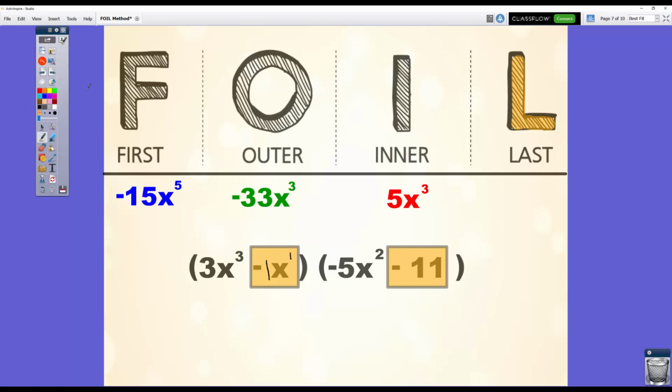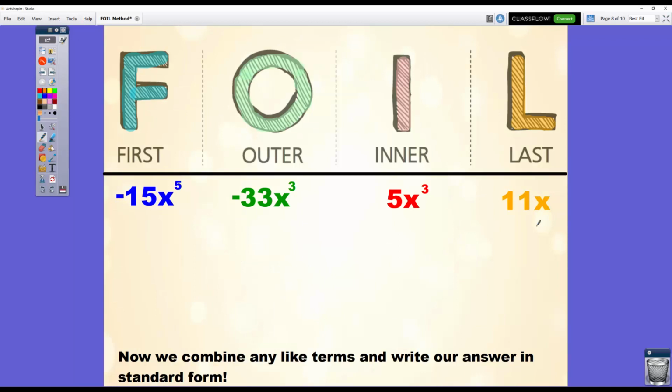Negative 1 times negative 11, stay color-coded, gives us positive 11 this time. And then, once again, no variable to multiply over here, so that x to the power of 1 just goes just like that in our final answer. And there it is.